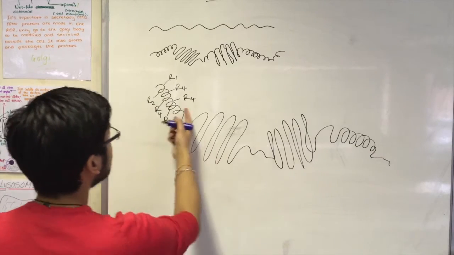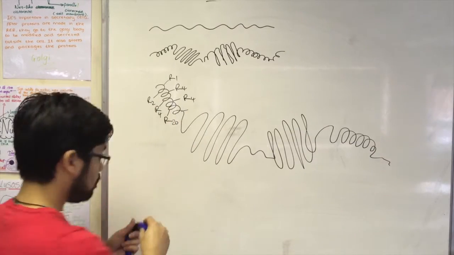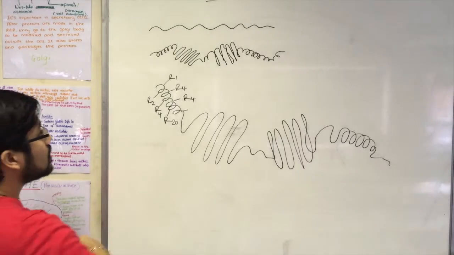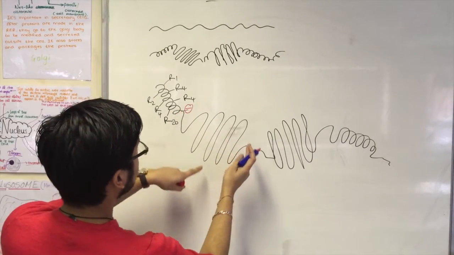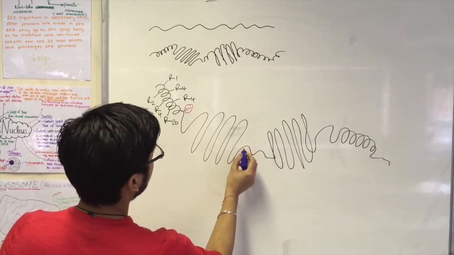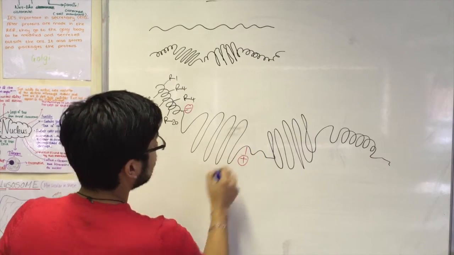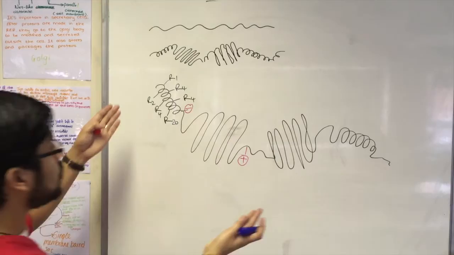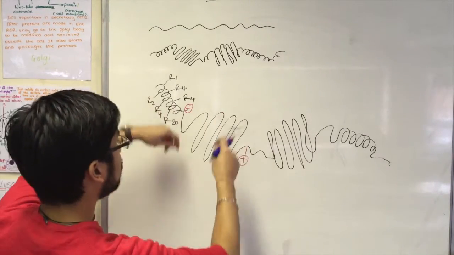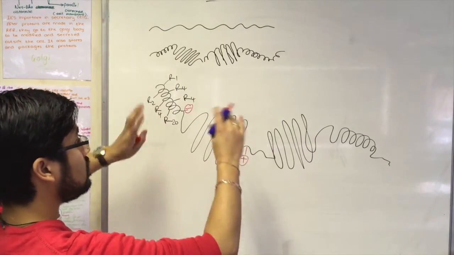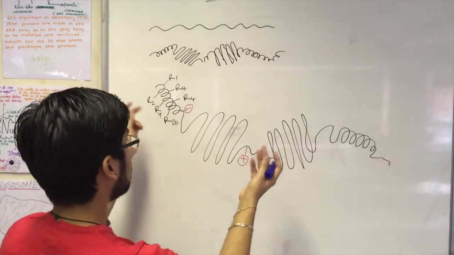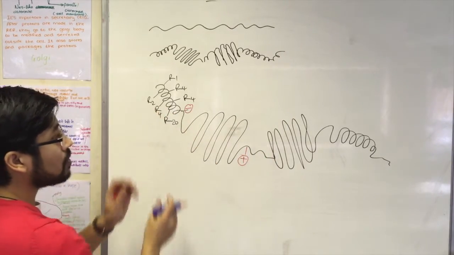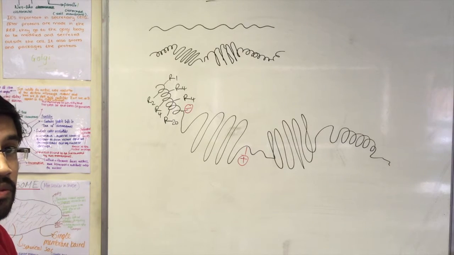So say if we had a negative here and a positive here, right? What you might get is that, because the chain is still kind of reasonably flexible, we might get random movement of the chain such that this positive might come close to that negative.